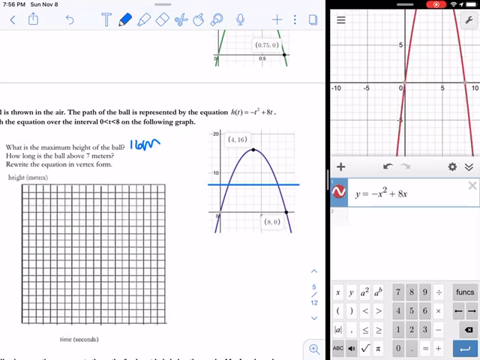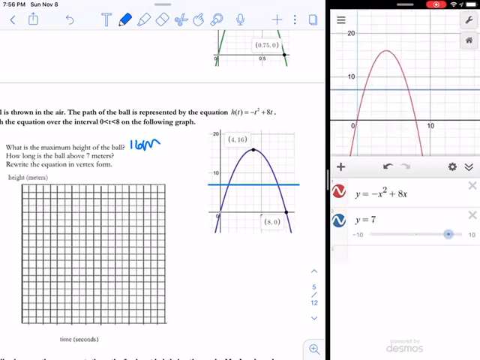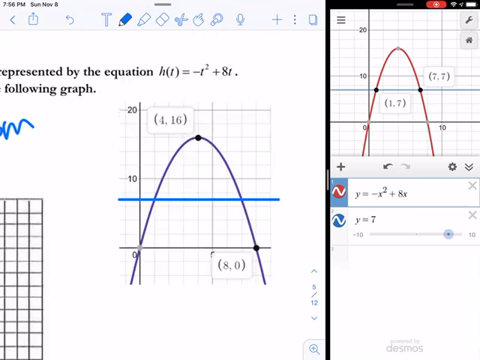And I'm also going to graph y equals 7. So you can see the colors are a little different, but you can see it's the same graph. Now I'm going to just touch the graph here on Desmos, and notice that it highlights the graph that I touched, and then I'm going to touch the intersection points, and you can see there that we have an intersection point at 1, 7 and another one at 7, 7.